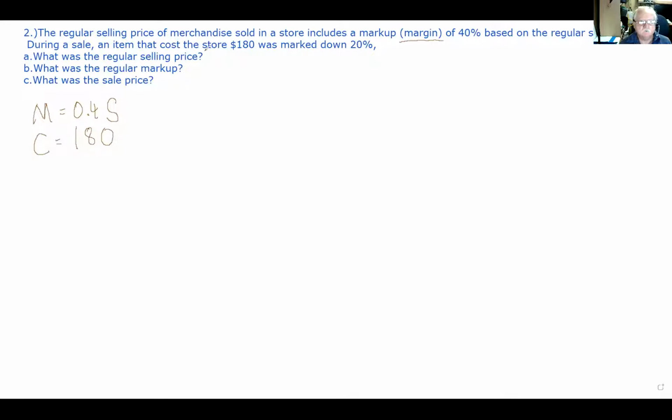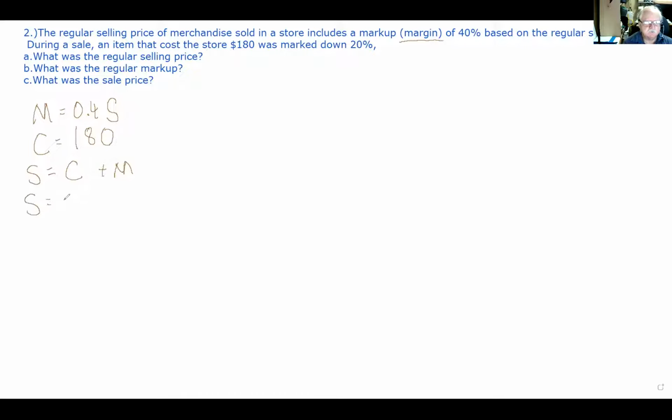So what was the regular selling price? So as we don't have information about expenses and profit, we're going to go S equals C plus M.